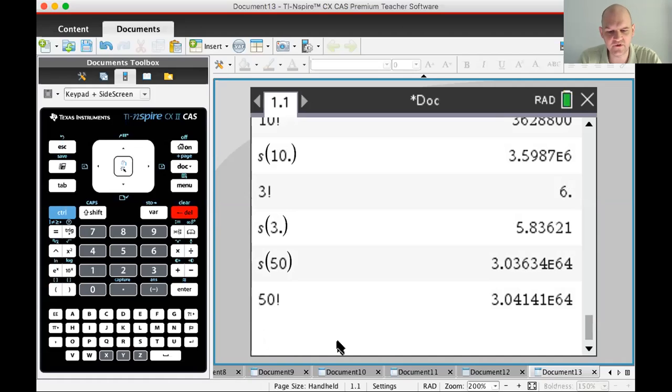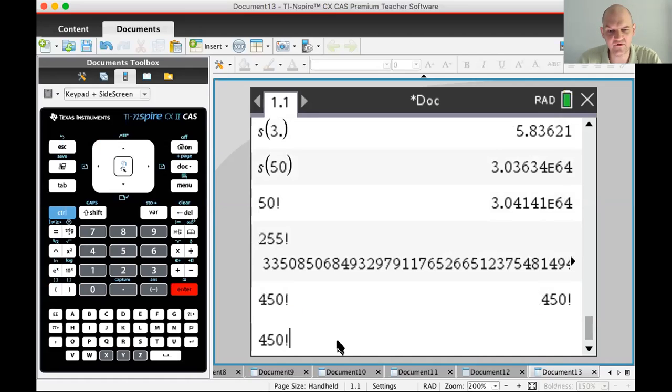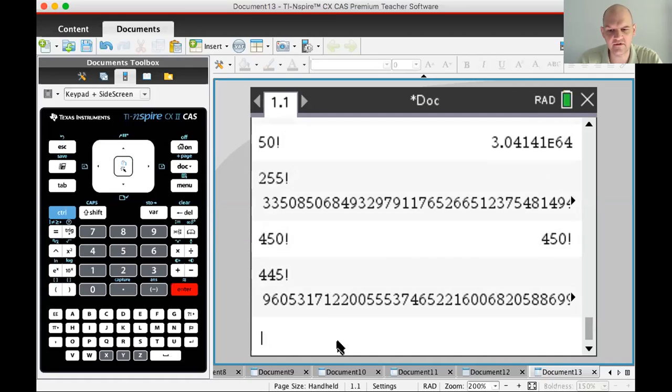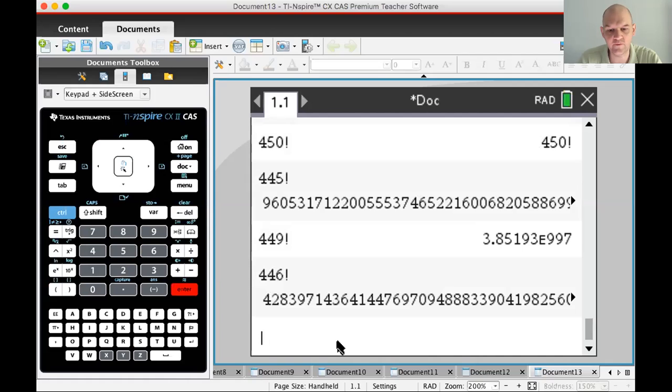What's the biggest factorial you can do on here? It might be like 255. No, I think it's like 450. It's one of the first things I always do on a calculator, figure out what factorial can I do. 445 works. Does 449? 449 sort of works, but it's in scientific notation. 445 might be it. Let's see. Nope, 446. 440.